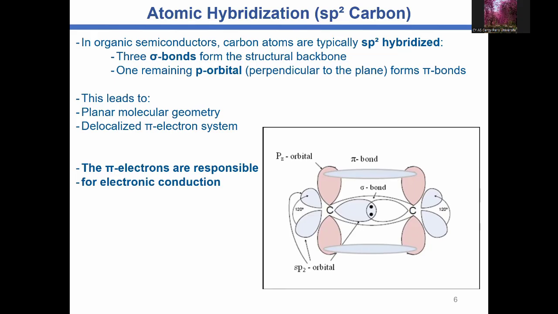You know that every orbital has its shape. S is a spherical shape. P has this balloon-like shape.